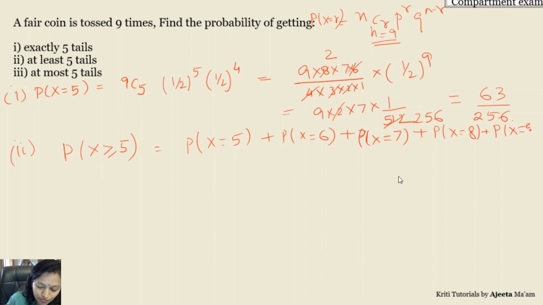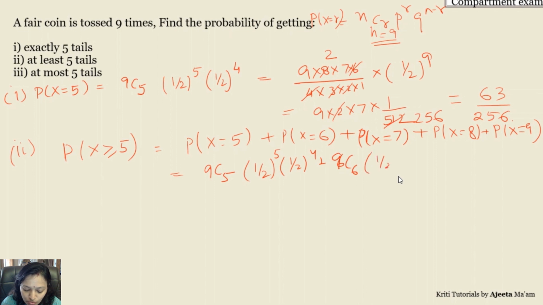Right? It is full scoring, a simple formula of binomial distribution. So what do we have? 9C5 1 by 2 raised to 5, 1 by 2 raised to 4. Now if you see one thing, this is easy on the part that you have 1 by 2 raised to 9. Look, in everything it will come: 6 3, 5 4, 7 2, 8 1, 9 0.